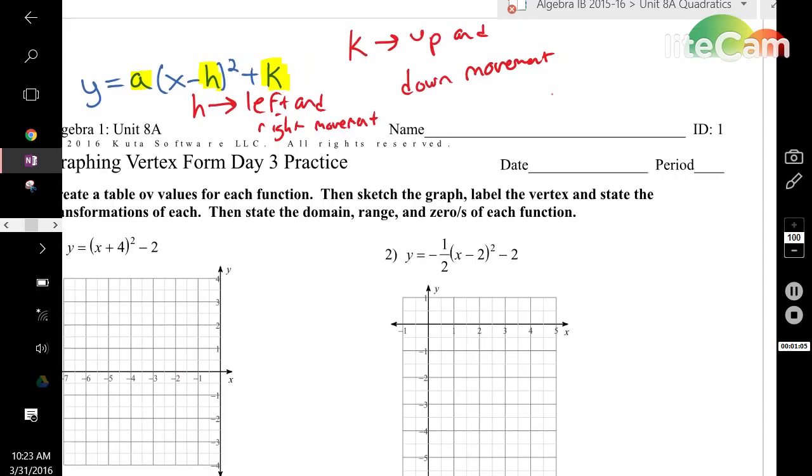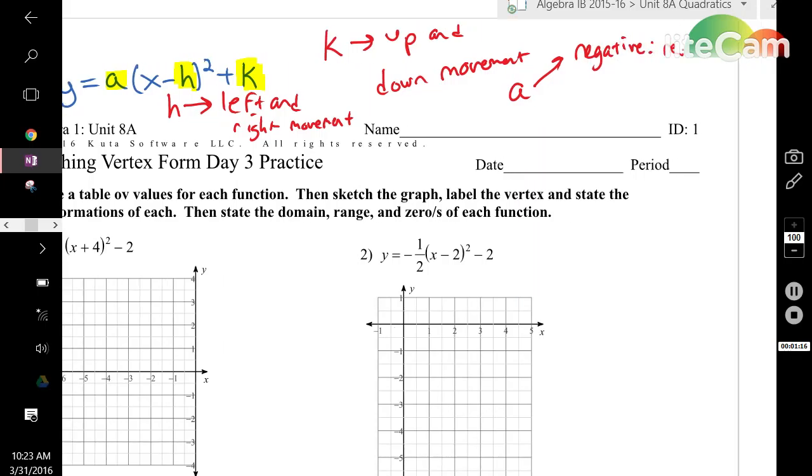The a value does a few things. Number one, if it is negative, that means it's reflected downwards. If a is bigger than 1, that means it's vertically stretched, so it gets skinnier or narrower.